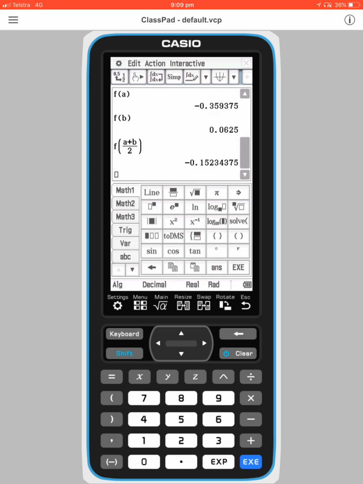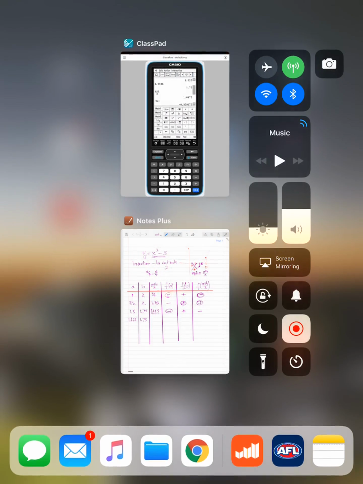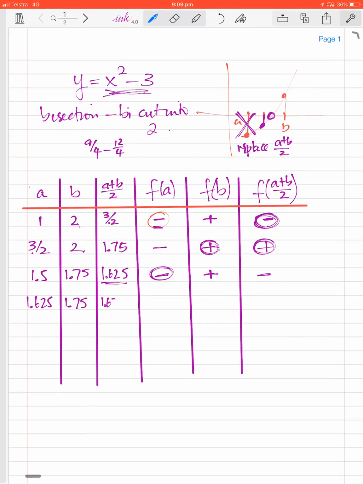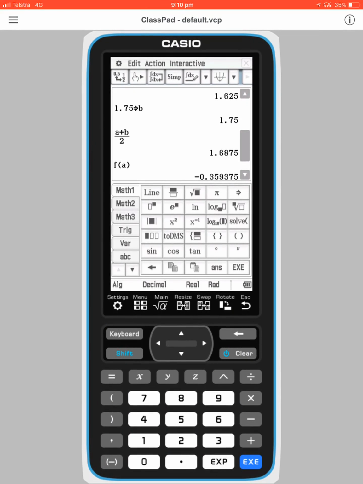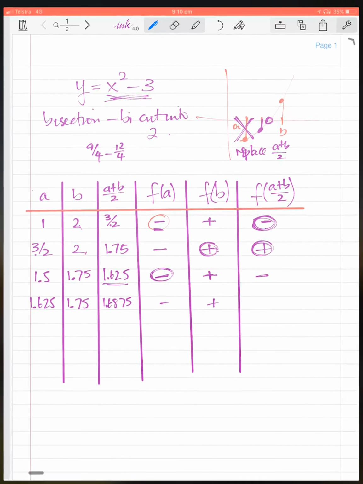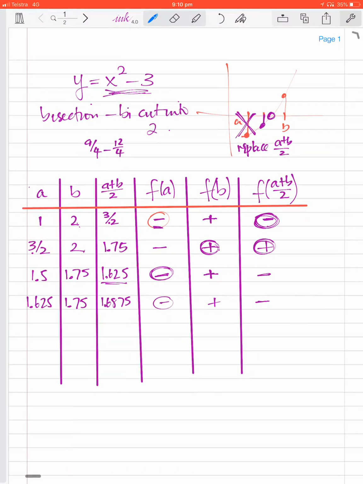Hit enter. Okay, so our midpoint's 1.6875. That's negative, that's positive. 1.6875, let's see what that is. That's negative. Now because it's negative, we replace A with 1.6875.